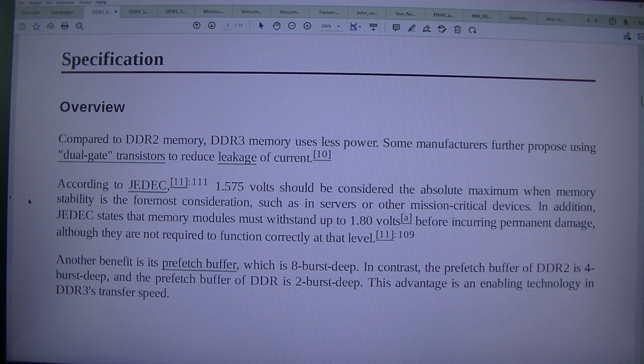Another benefit is its prefetch buffer, which is 8 burst deep. In contrast, the prefetch buffer of DDR2 is 4 burst deep, and the prefetch buffer of DDR is 2 burst deep. This advantage is an enabling technology in DDR3's transfer speed.